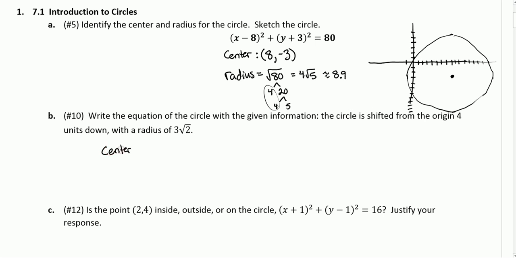Our center, well, since we started at the origin and we moved 4 units down, we're going to be at, well, first I'm going to write the radius here. Radius is given at 3 root 2.